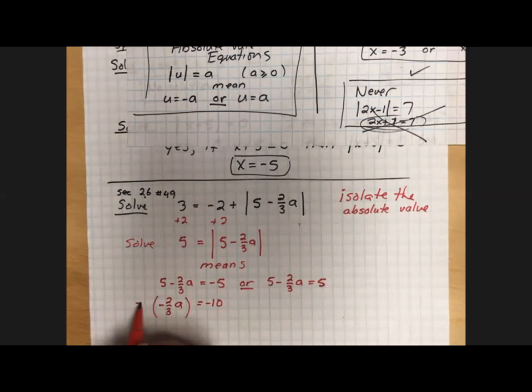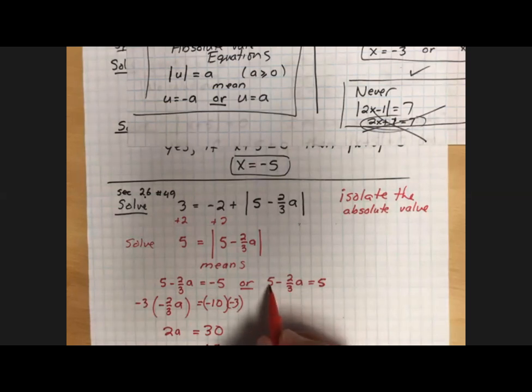I could say multiply by minus 3, and then after I cancel, divide by 2. As long as you get to the right place, I don't mind whether you do it in 1 step or 2 steps. Over here, I'll do the same. Let's subtract 5 from both sides. Well, that's nice.